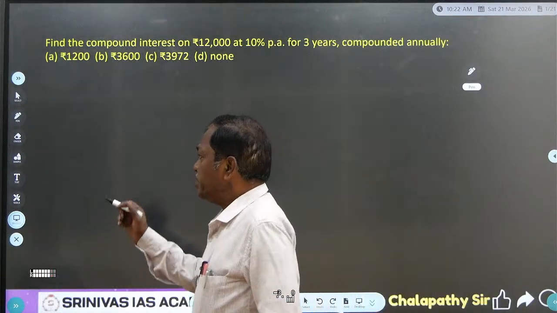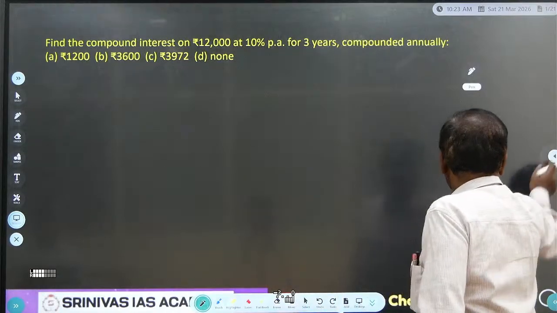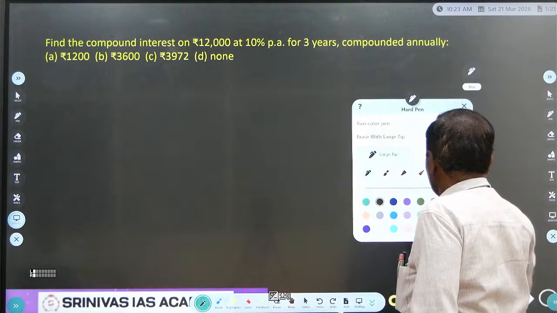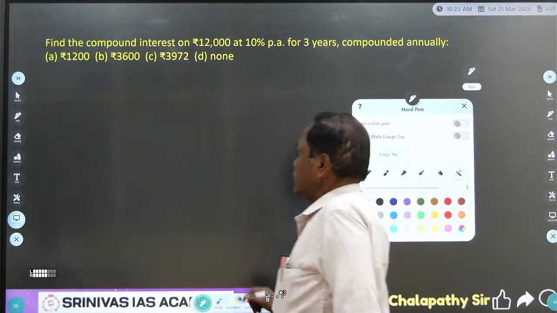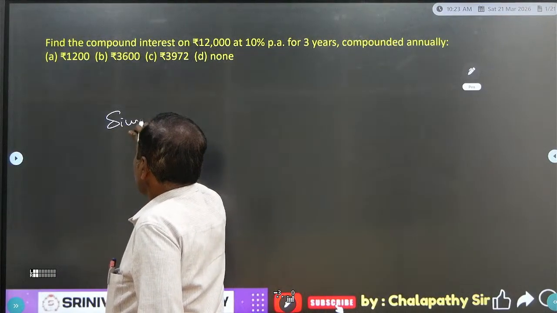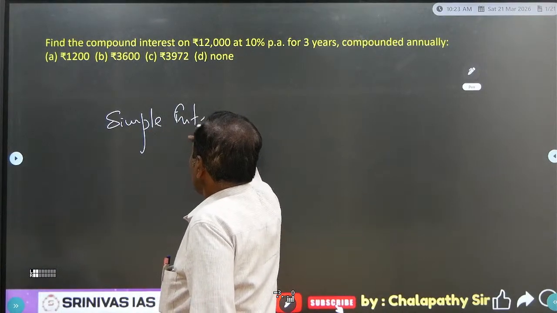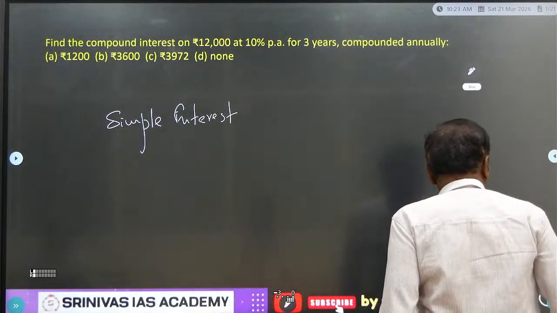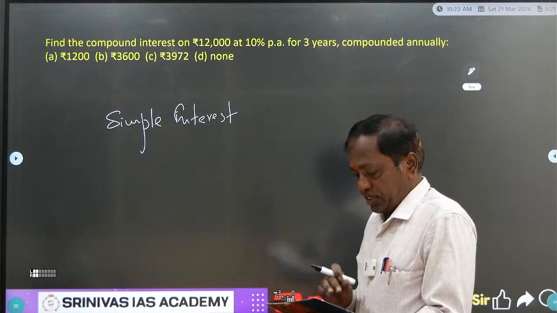Now, in simple interest, what we have witnessed is we can derive simple interest directly.